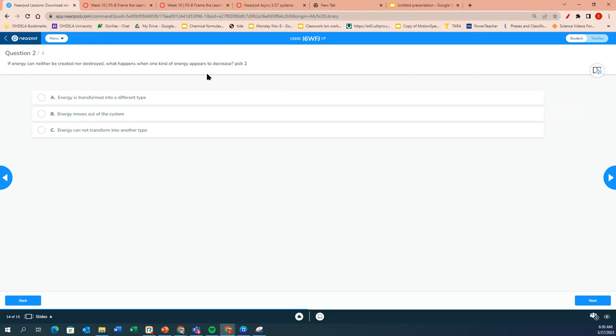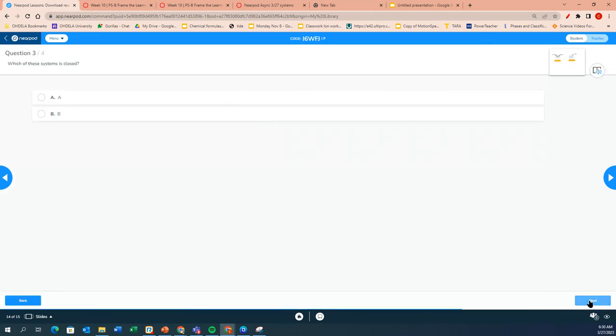You're going to pick 2. A, energy is transformed into a different type. B, energy moves out of the system. Or C, energy cannot transform into another type. So pick 2 of those 3.